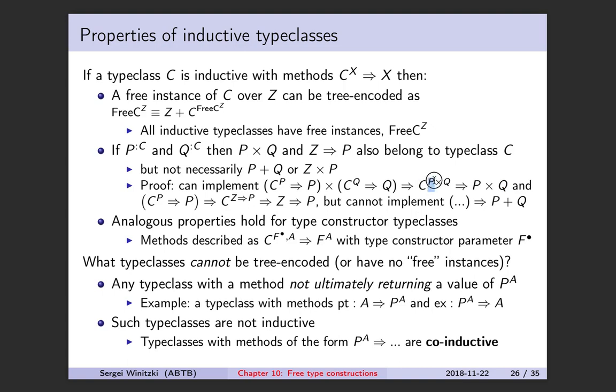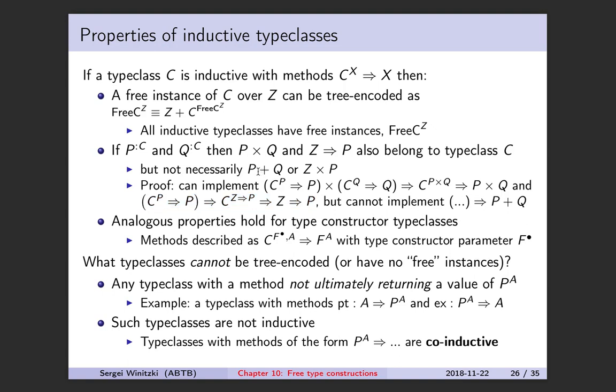Just project this to this, project out the Q. C is a functor, so you can do that. Project out the P to get CQ, get your P, get your Q, get their product. So that's very easy, and similarly you can do this.